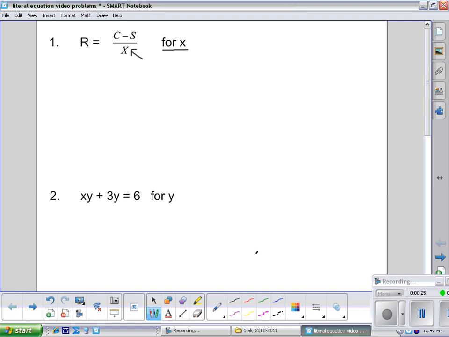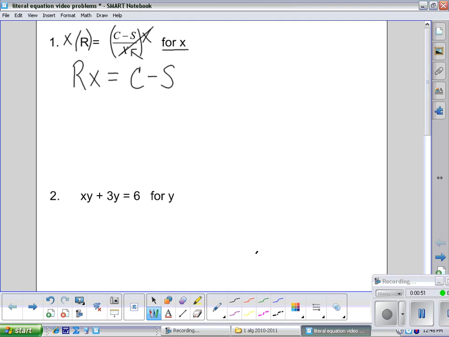If I'm dividing by x, I'm going to do the inverse of that and multiply by x on both sides of the equation. Okay, and at that point, the x on the right will cancel, and you'll see that it pops up over on the left side. So I have r times x equals c minus s.